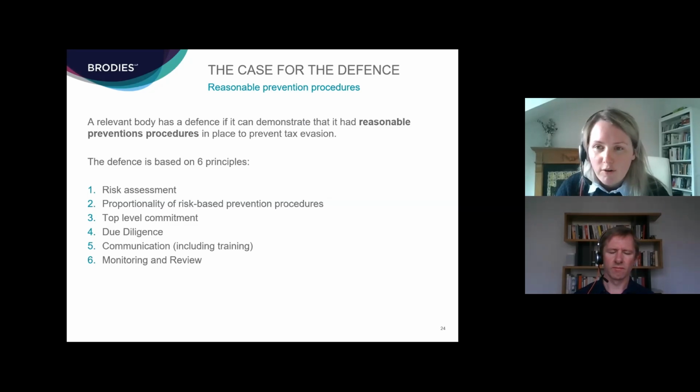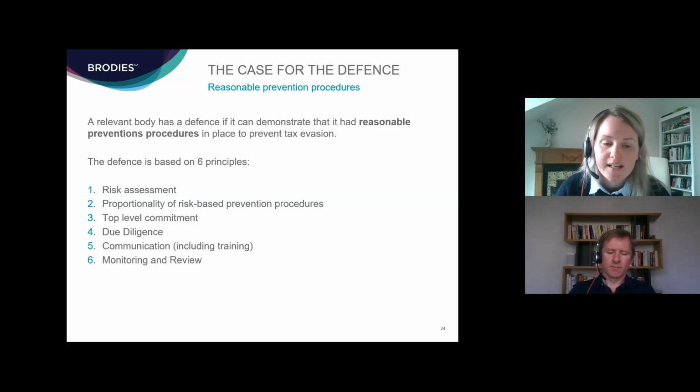There's a requirement for top level commitments. So there's a requirement by the top level management within the relevant body to have a zero tolerance to tax evasion, and for that to be communicated both internally and externally. Due diligence, that requires the relevant body to do its diligence, essentially, to look at associated persons and understand the risks of doing business with them.